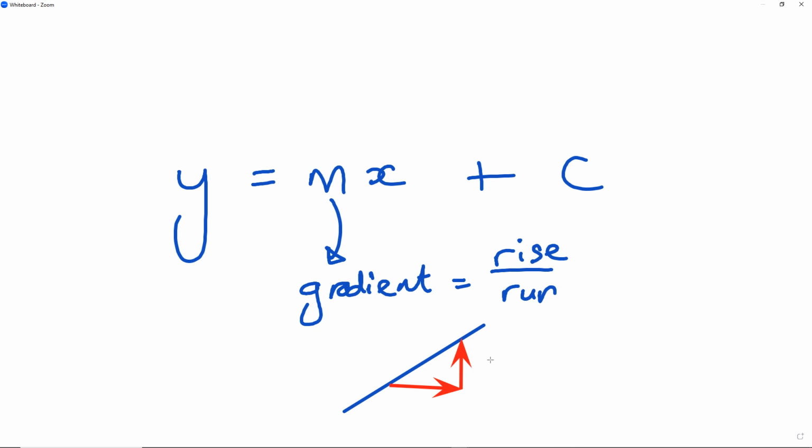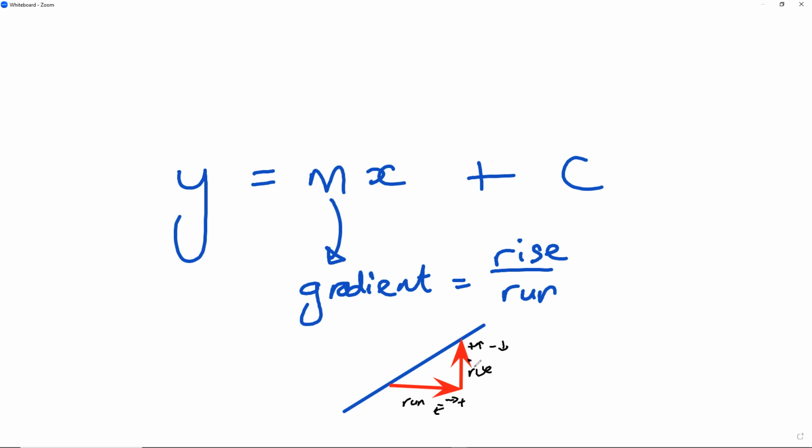This creates the rise and run components. So this is run, and this would be rise, where we would say positive is up, negative would be down, left would be negative, and right would be positive.